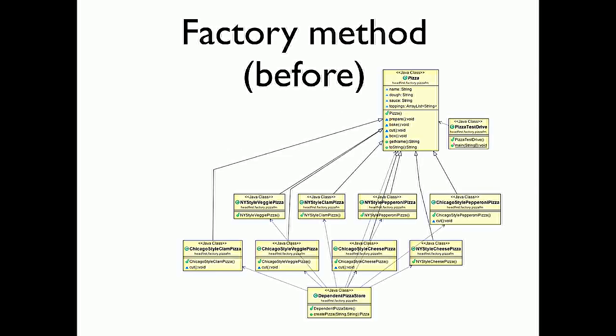So, let's review what happens when we introduce the factory method. And we will use the Head First Design Patterns example of the pizza store. So, we have a base class Pizza with a number of different subclasses for different types of pizza pertaining to different pizza stores.